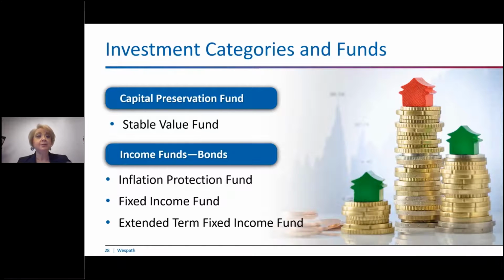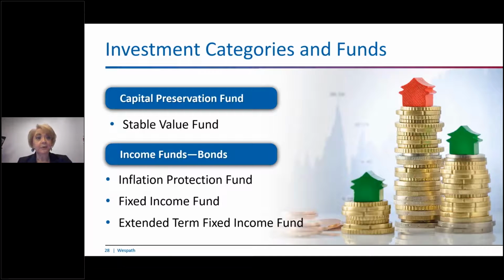You do want it to be growing a little bit, but at least being stable. Not saying that you're going to make lots of money in this one or lose money, but it's going to be hopefully stable. We want to maintain like a $1 share price for this particular fund. Okay, so that's your Capital Preservation Fund. It has a lower risk and lower potential return.